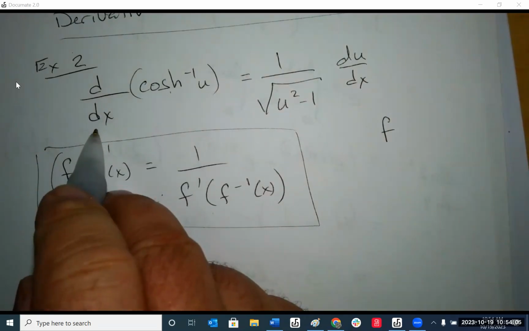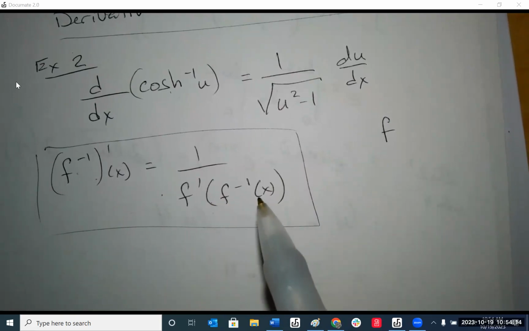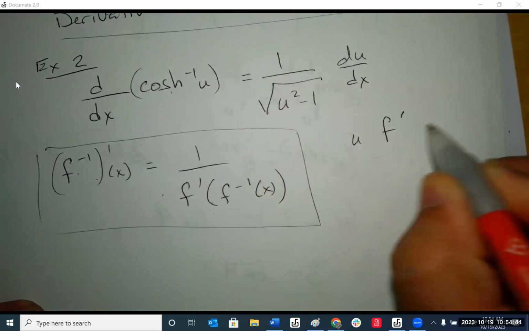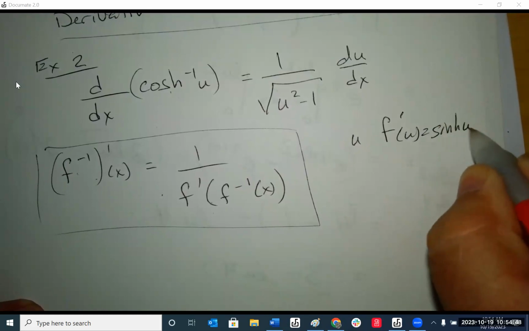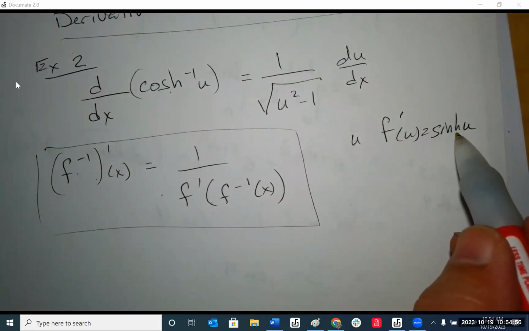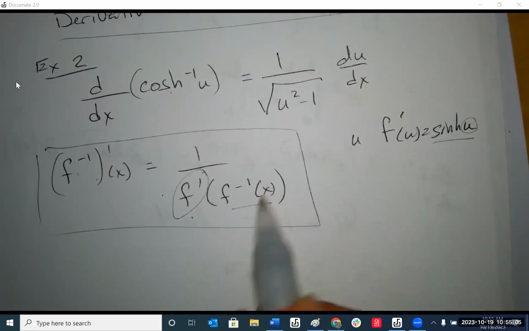But we're saying here the derivative... So we're saying if we make our u value the derivative of u, because we're looking for the inverse, then our derivative is the sine function, and we'll make u the inverse function, which is the cosine.